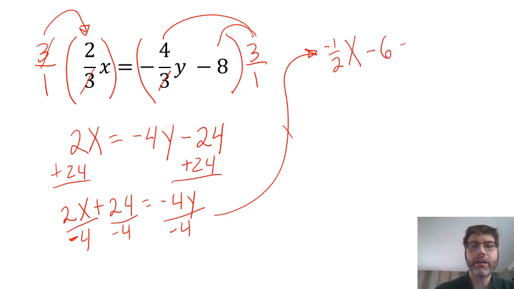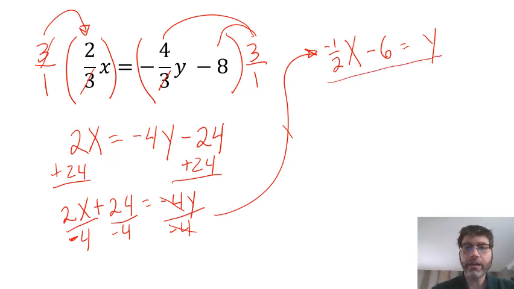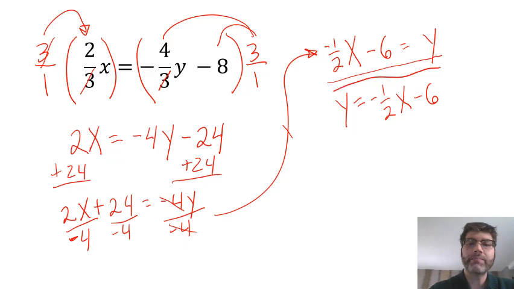And then on the right-hand side, our negative 4's cancel out, so we're just left with a y. Okay, now we just need to flip this around. So this is a good equation. So if negative 1/2 x minus 6 equals y, then that stands to reason that y equals negative 1/2 x minus 6. So that's what I got.